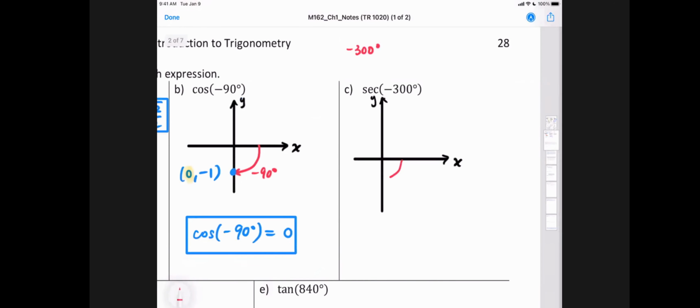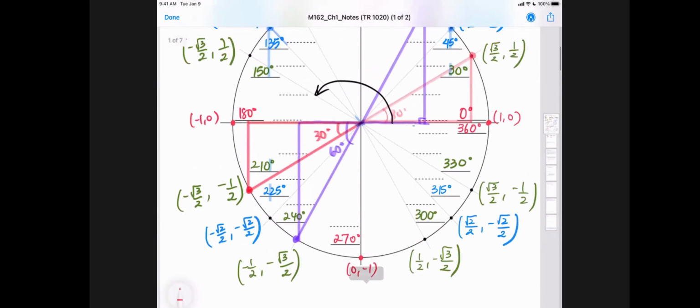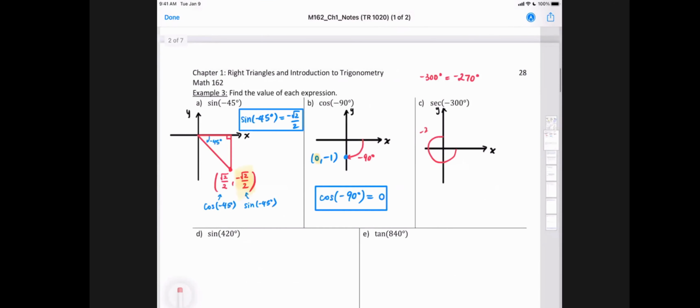So if we go clockwise, like a 3/4 turn clockwise, that would be negative 270. Remember, usually for 270, if you're going in the positive orientation counterclockwise, it's a 3/4 turn. But since we're going clockwise because it's negative, it's going to be a clockwise 3/4 turn.